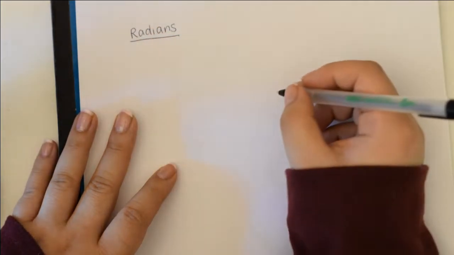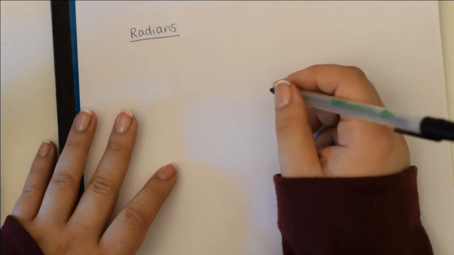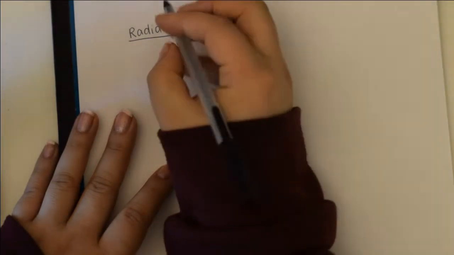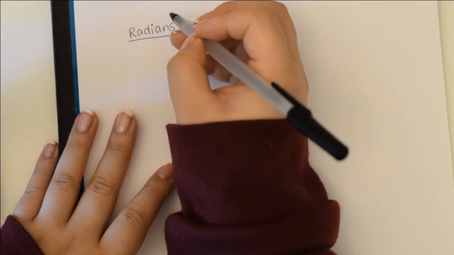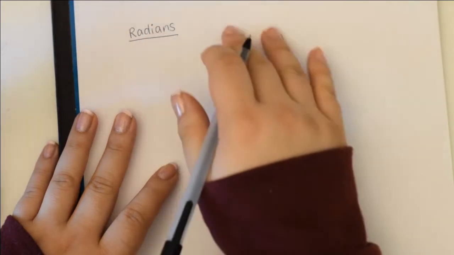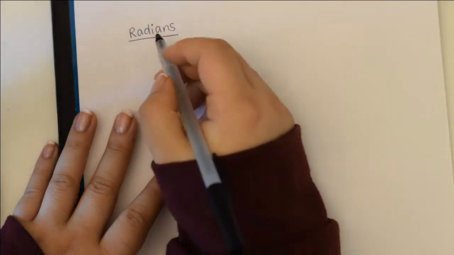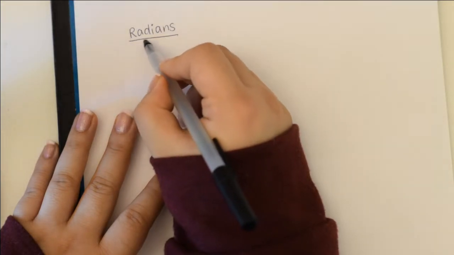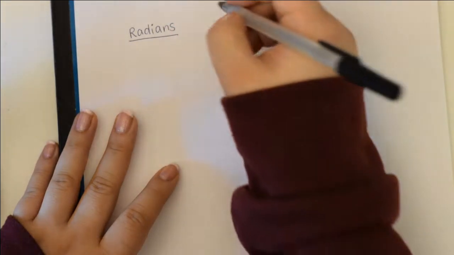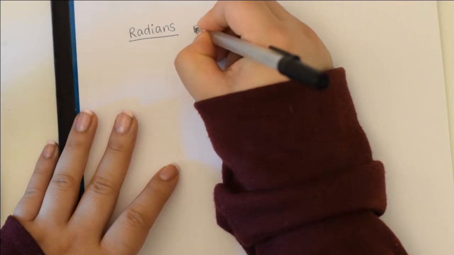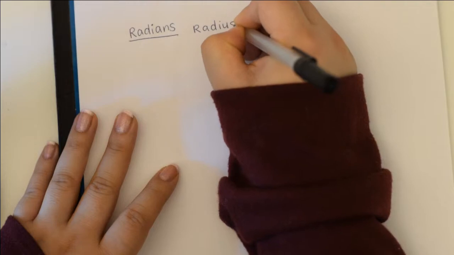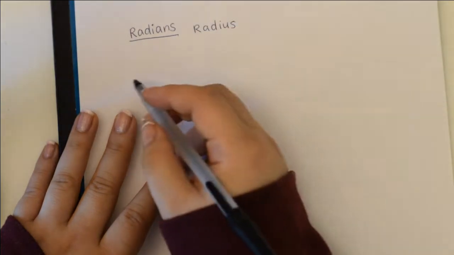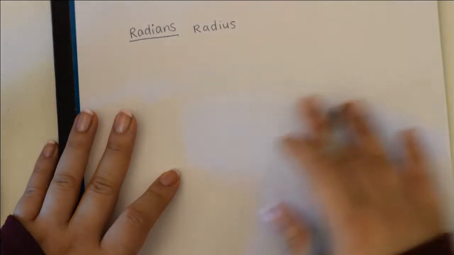But for now, I just want to set up the idea, maybe mention the conversion and how they work too, but I want to focus on setting up what a radian is. So you might notice that the word radian sounds a lot like the word radius, and so you might guess that this has to do with a circle, and you wouldn't be wrong.